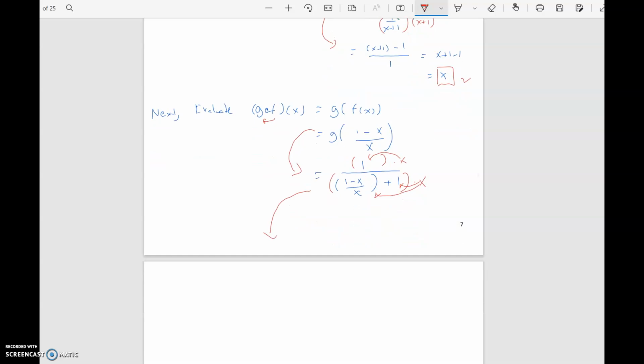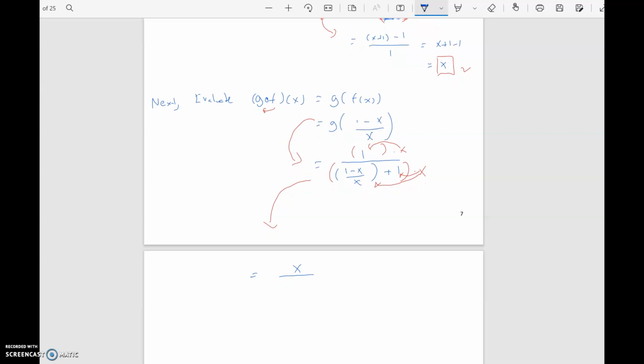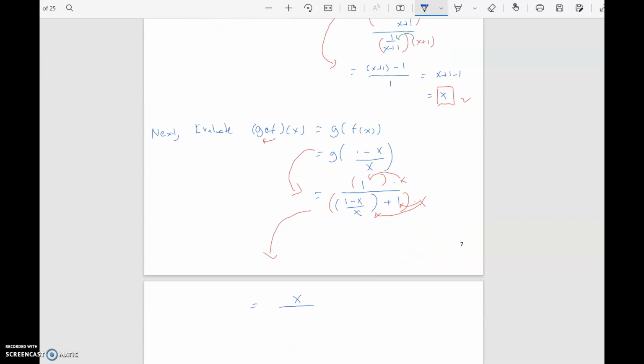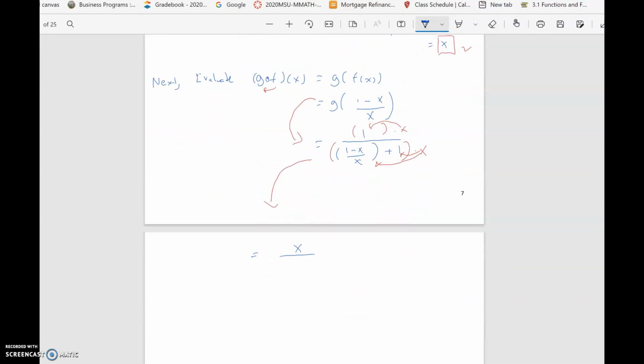Let me rewrite it. On the numerator, we end up with an x over, and at the bottom, the total value of 1 minus x plus x, which simplifies to x over 1, or simply x.